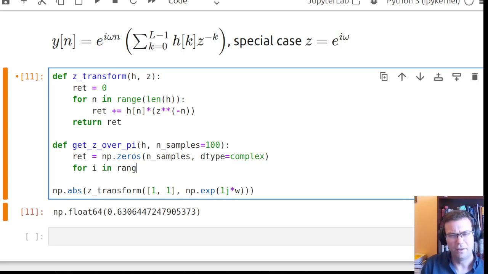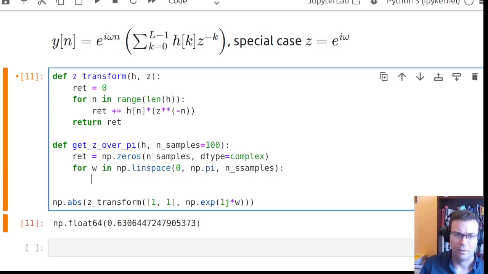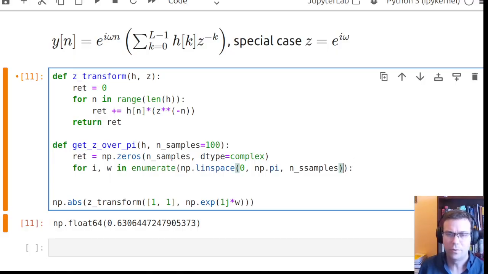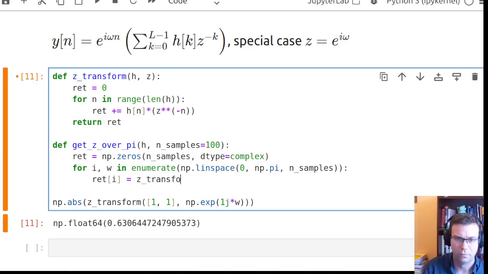For i, omega in enumerate of np.linspace from 0 to pi with samples, let me take my samples on the semicircle from 0 to pi. ret at index i is equal to z transform of my impulse response h with e to the 1j times omega.